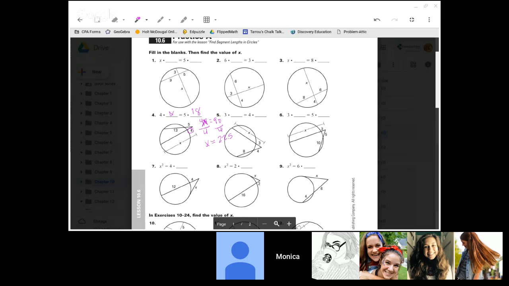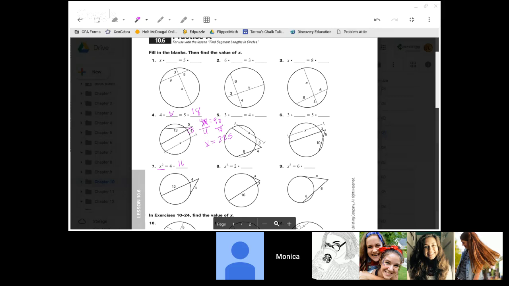Number 7 is one where you have the tangent and the secant. So the tangent is squared. Your tangent is x, so you have x squared here, okay? And then it's the outside of the secant times the whole length of the secant. The outside of the secant is 4, so what's the whole length of that secant? And then you just solve for x.